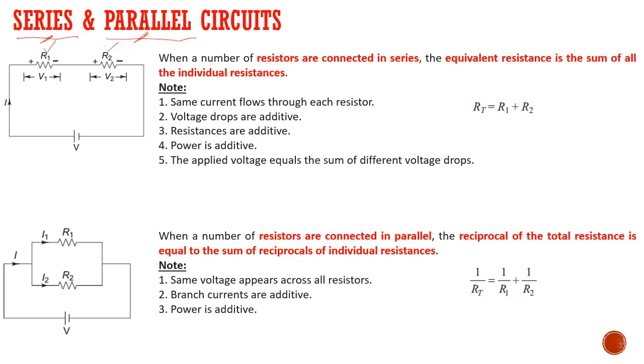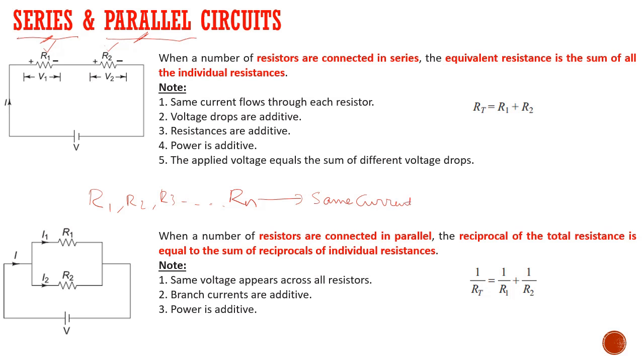Not only two, if we have n number of resistors, R1, R2, R3, up to Rn, and all these resistors are connected in series, then all of them should carry the same current. So this is the condition.